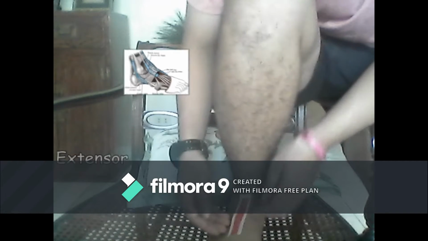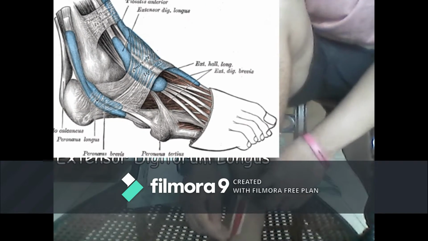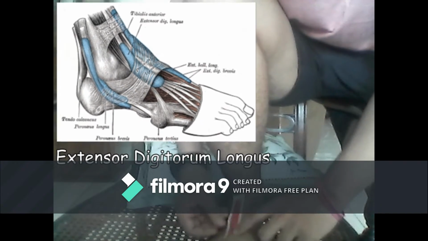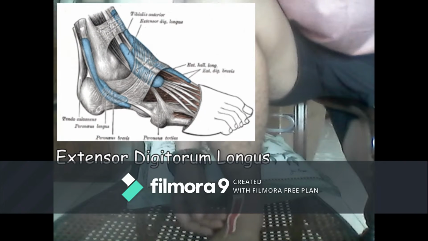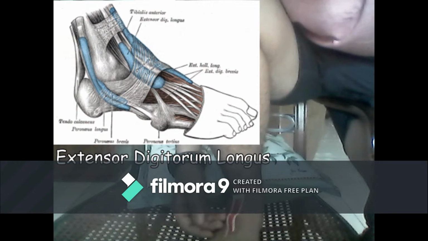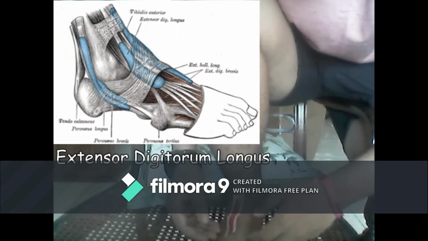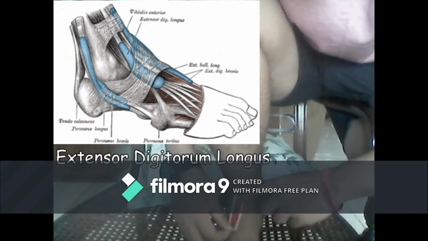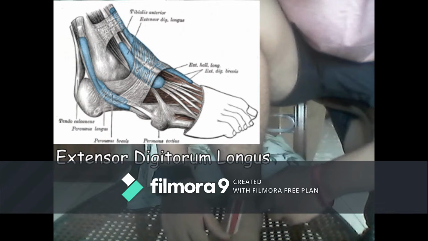And now for the extensor digitorum longus. So this originates from the anterior lateral condyle of the tibia and the anterior shaft of the fibula and superior 3/4 of the interosseous membrane.